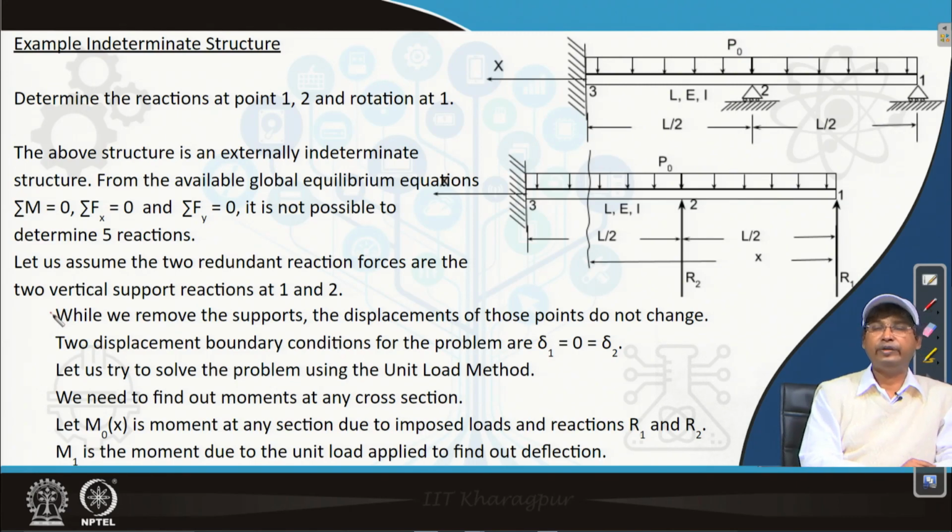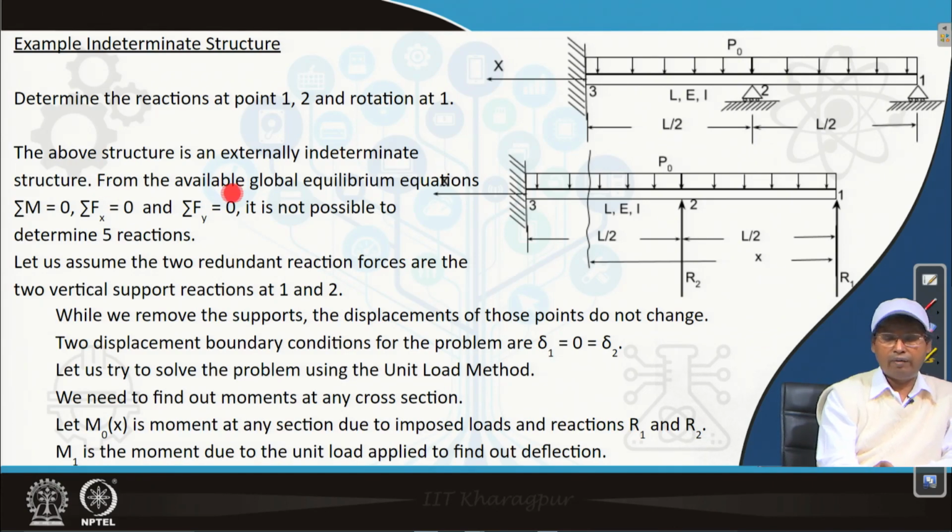Previous things whatever we were discussing were all internally indeterminate structures. This is external because from the support point of view, from stability or external equilibrium point of view, it has more than the necessary support.